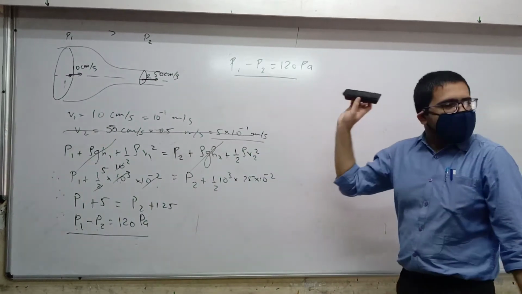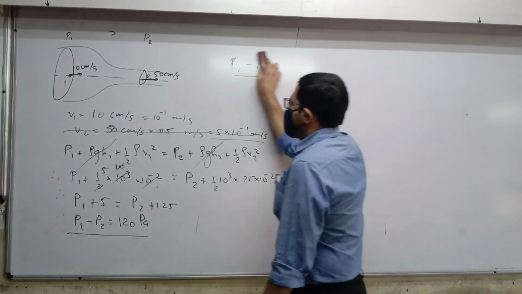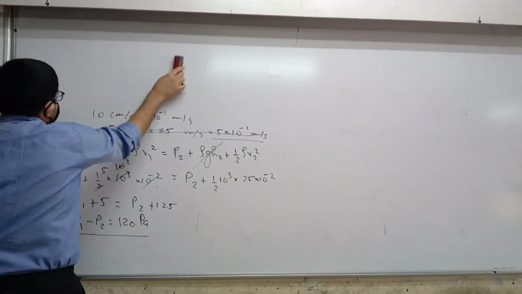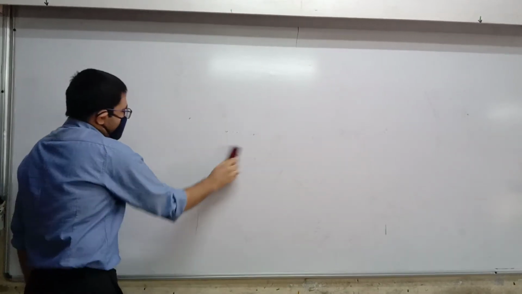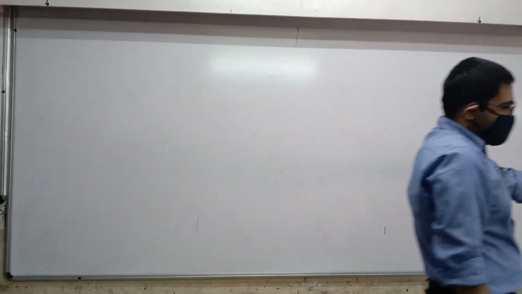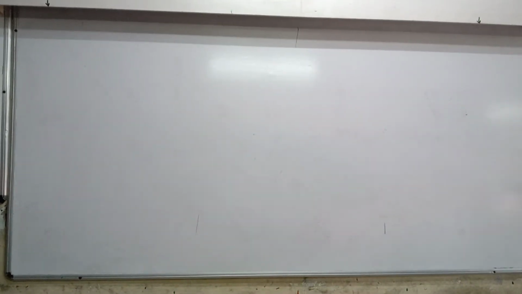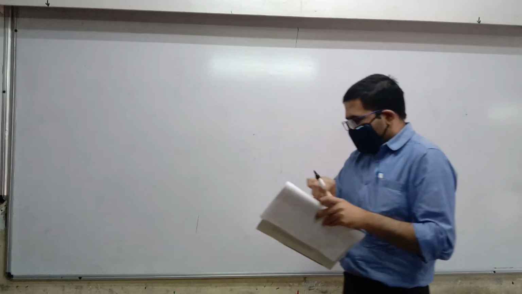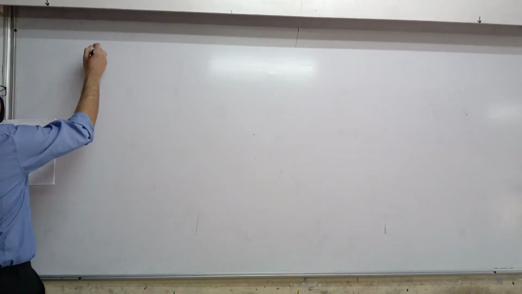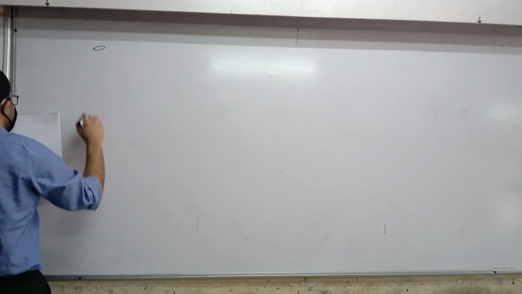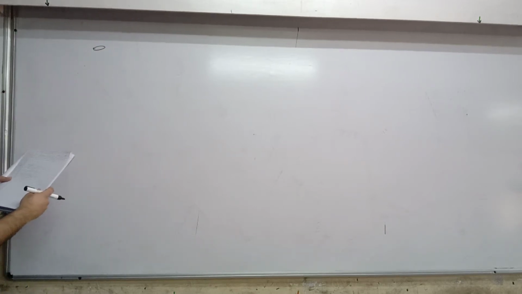Now we will solve the question which I didn't complete here. From the top of a tap of cross-section area 180 square, water falls. It falls on a surface 3.15 meters below the tap.